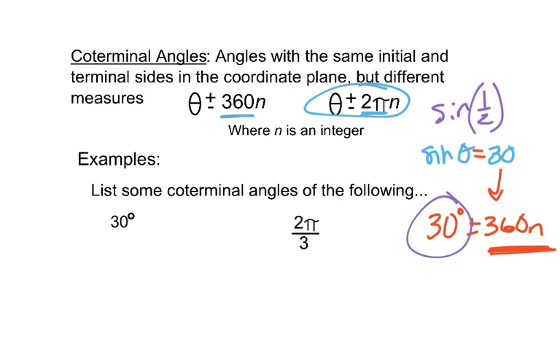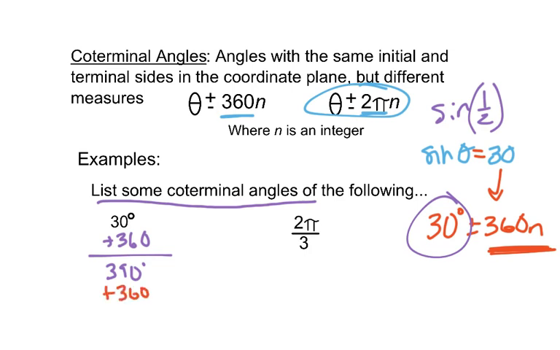So, this one here in examples wants you to list some coterminal angles of 30 degrees. So, if we add 360 degrees to 30, we end up with 390. So 390 is also another option. If we add another 360 to that, we're going to end up with something that in my current state I do not want to do in my head.